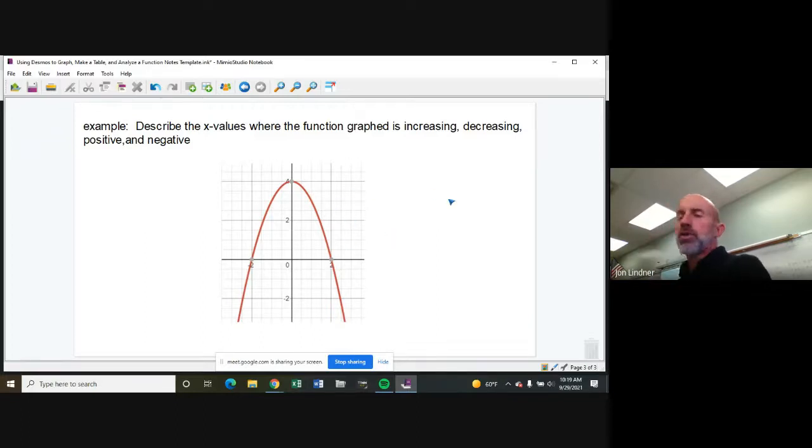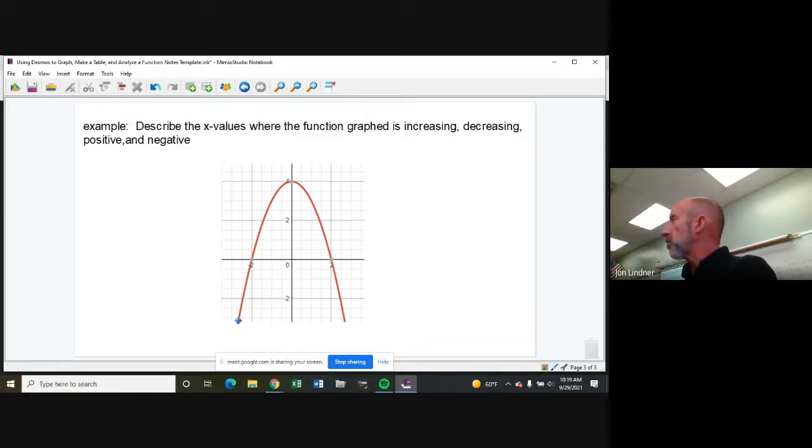So let's look at this graph. Do you see that this function is increasing right here where my cursor is moving? So what we want to do is state the x values where that's happening. Well, this graph goes on forever.